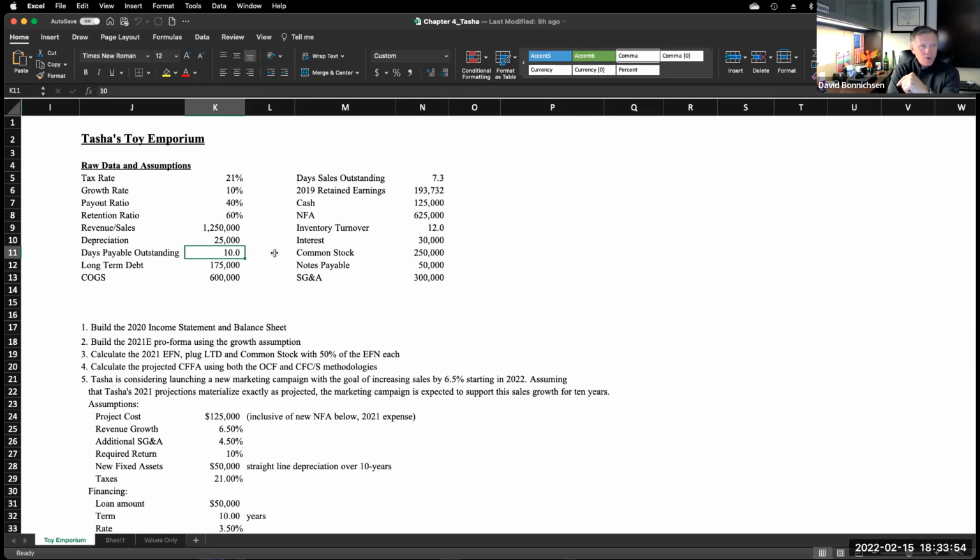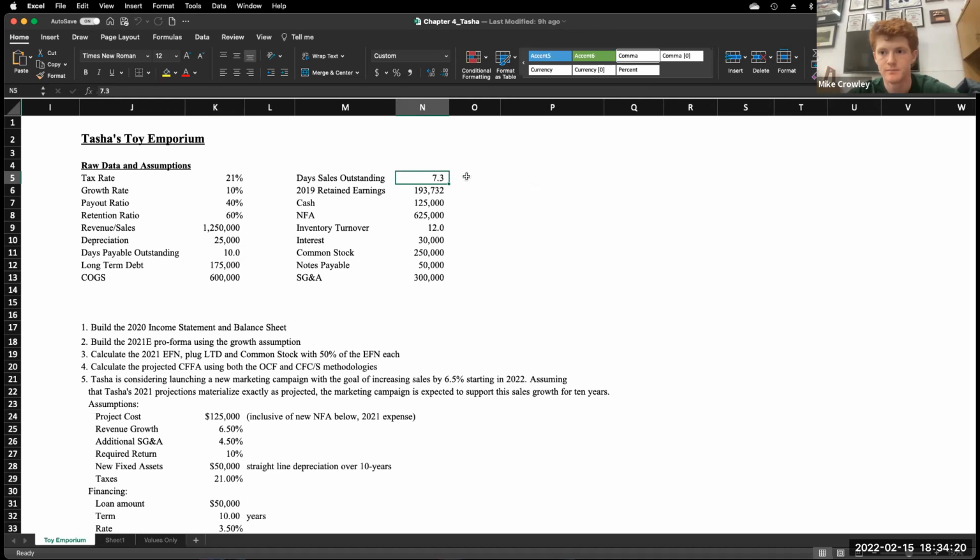So you have COGS, you have days payable outstanding, you've got 365 days during the year. And so you needed to back solve for the actual value of accounts payable and accounts receivable through the ratio analysis. Does that make sense?